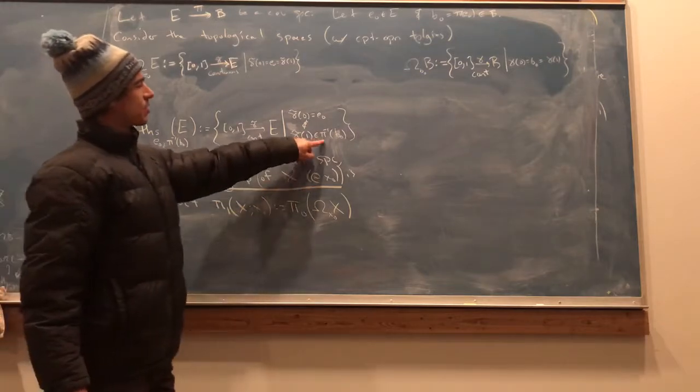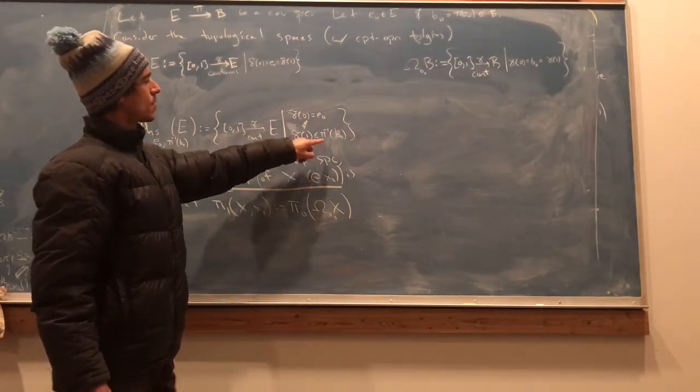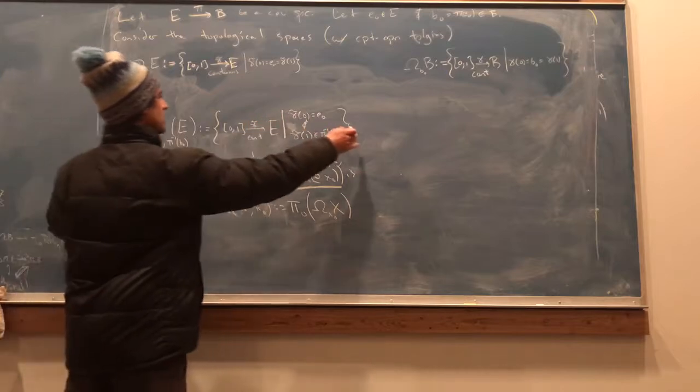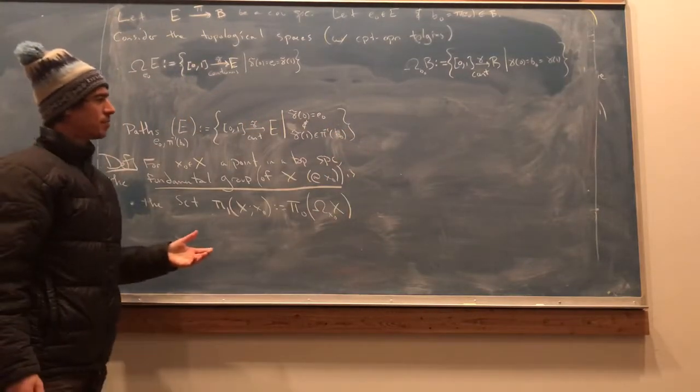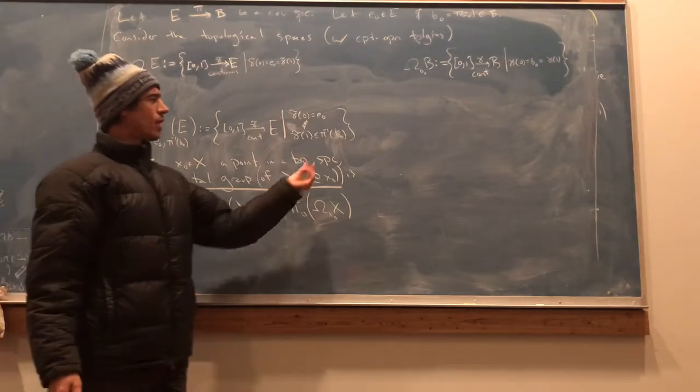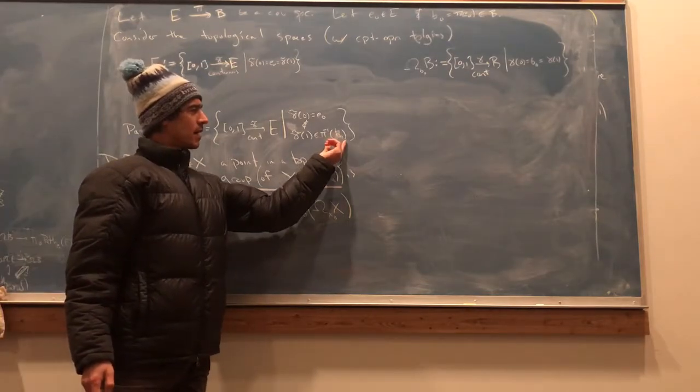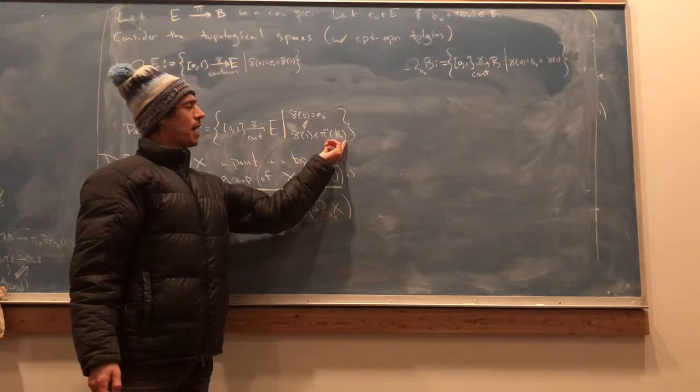Because the fiber is discrete, this topological space has many connected components, at least one for every element of the fiber of b naught.